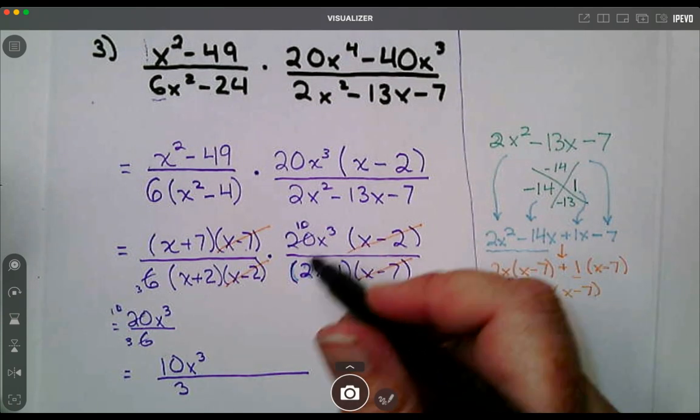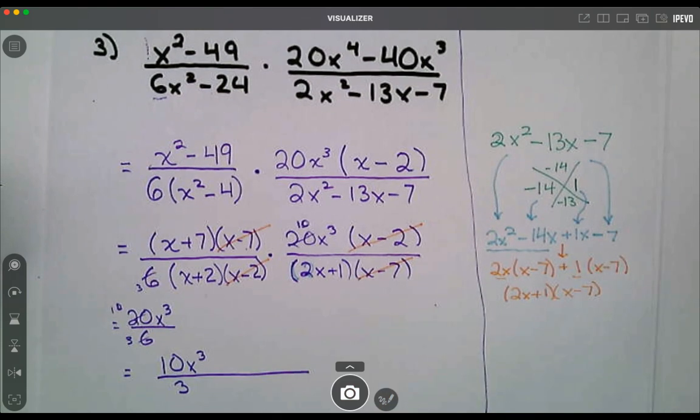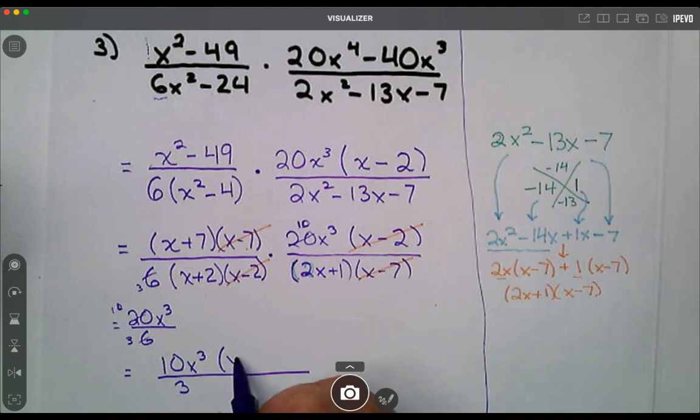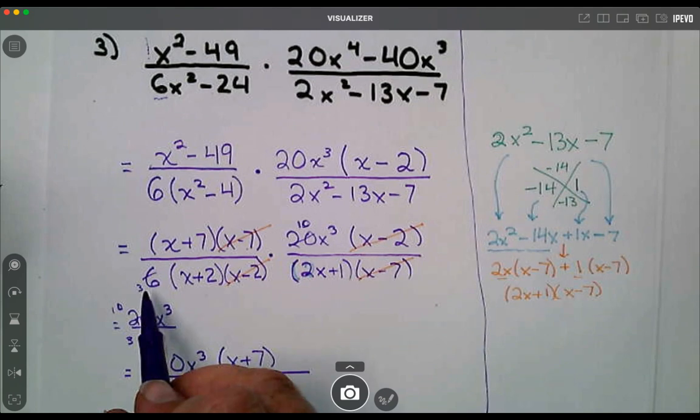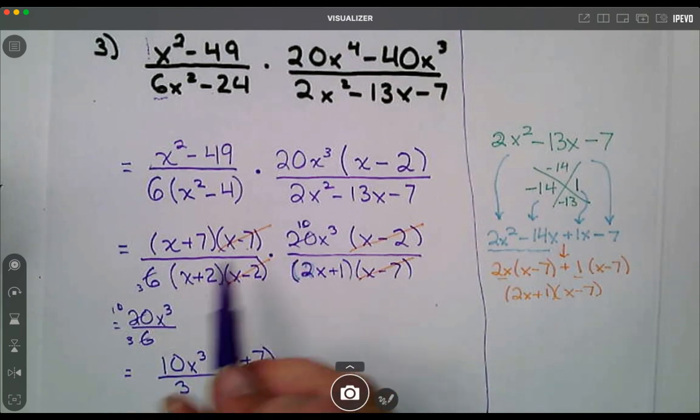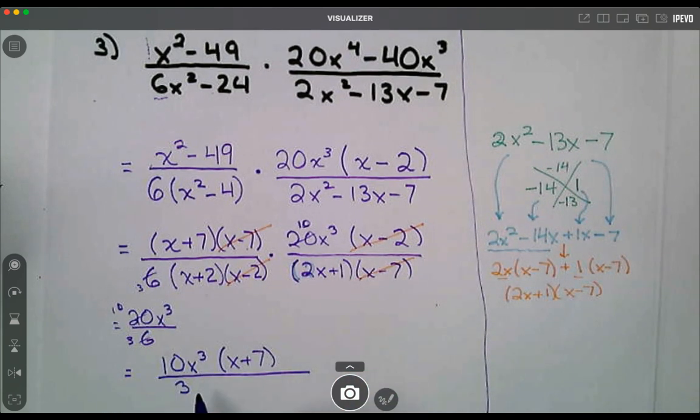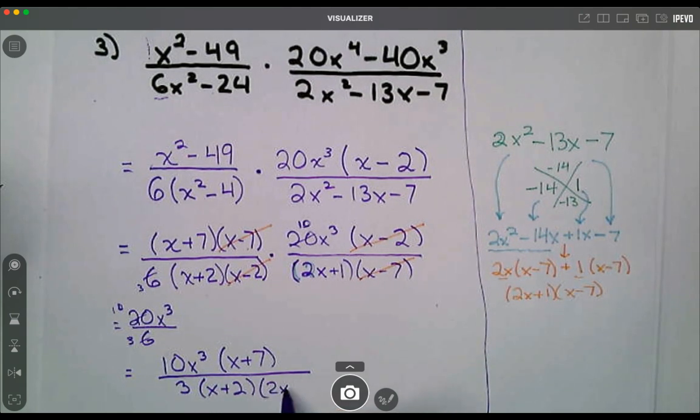I took this 10x to the power 3 and I put it first. That's just how people generally do it. The only other thing that remains on top is x plus 7. On the bottom, this 6 became a 3 because I divided both of those by 2. And I think what I have left here is x plus 2, because it never canceled, and 2x plus 1.